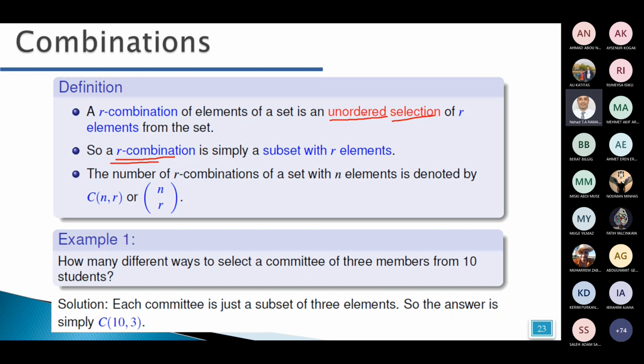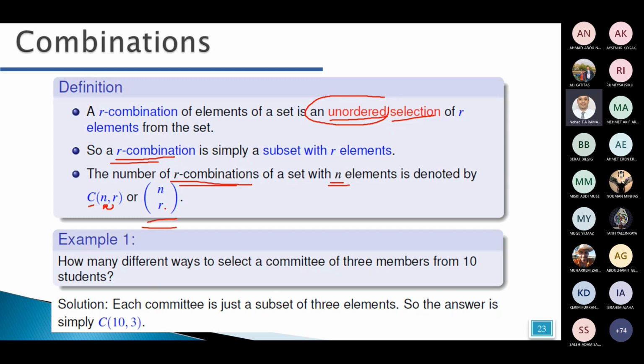Combination means not ordered, an unordered set out of N. So if you need to select an R combination out of N elements, we write it as combination R from N, or you can write it like this.